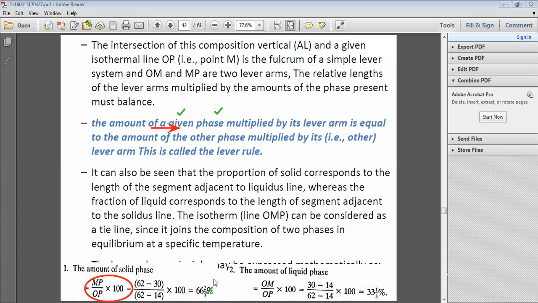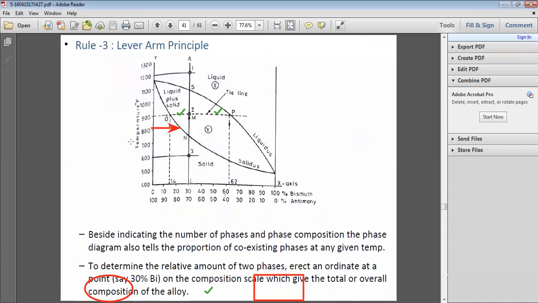Now we calculate the amount of liquid phase. We'll be focusing on this formula, OM upon OP into 100. OM is this one line, and OP is the full line.